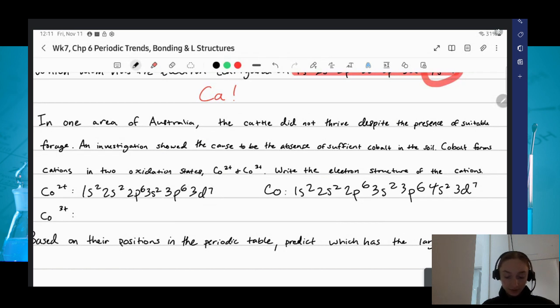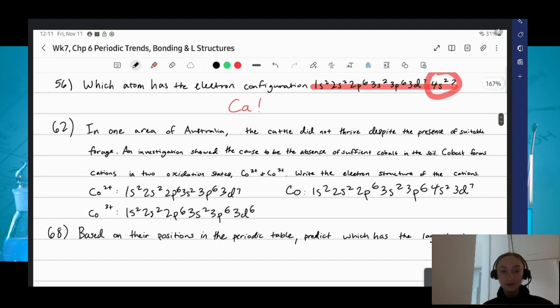So that'll be removed from there, and it'll look very similar to cobalt 2+, but 1s2, 2s2, 2p6, 3s2, 3p6, and 3d6. So that's what that looks like. It's always good to know the original configuration and then write down the cations and look at the lowest energy categories, and then it becomes easier to follow that way.